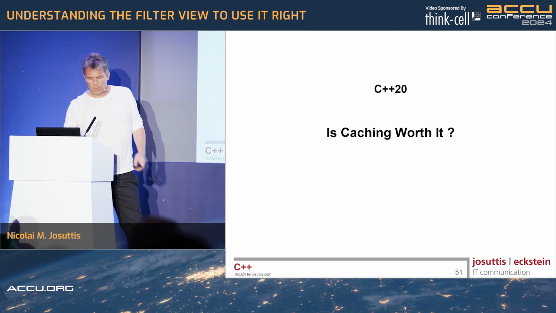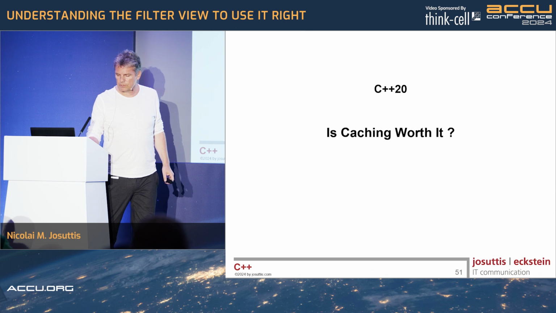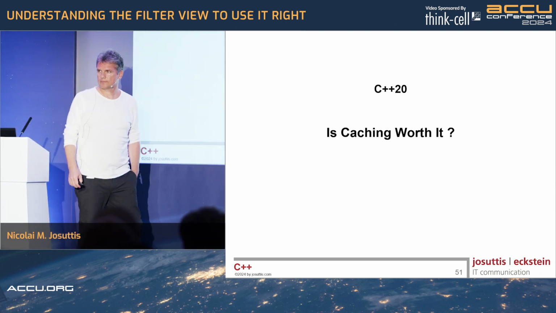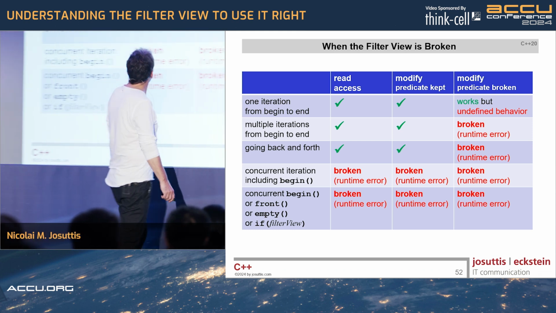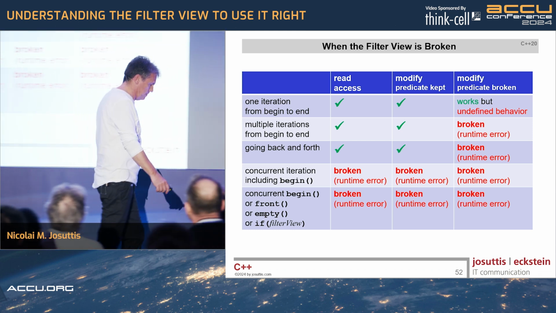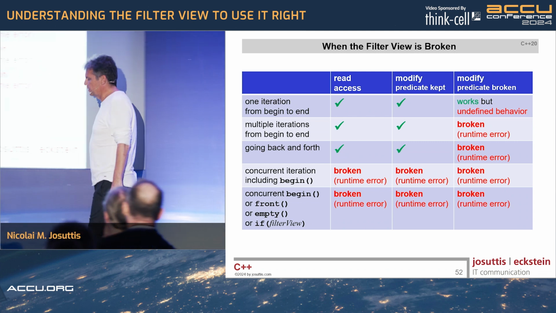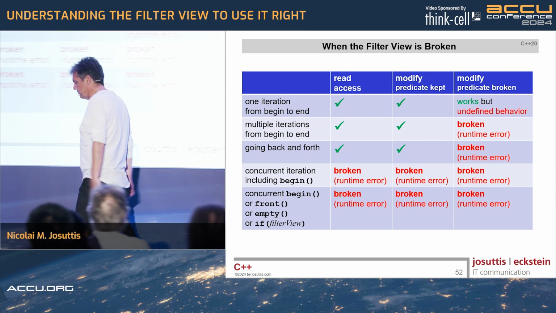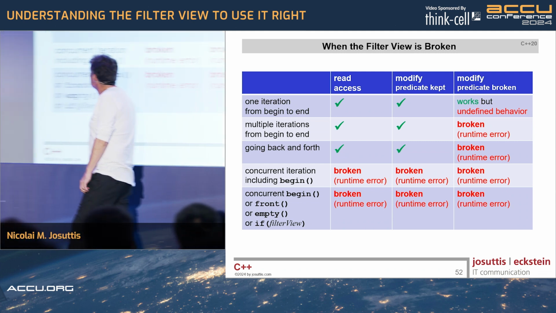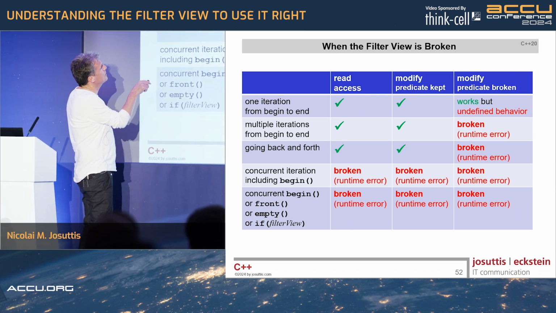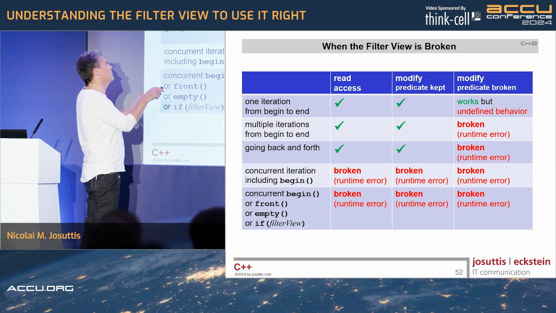Okay, so we come to the interesting question, is caching worth it? So here is roughly a matrix of where using a filter view is fine or broken. You have just one iteration from begin to end. If you only read, great.